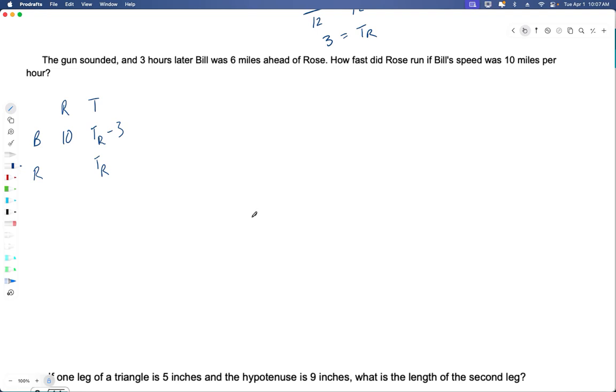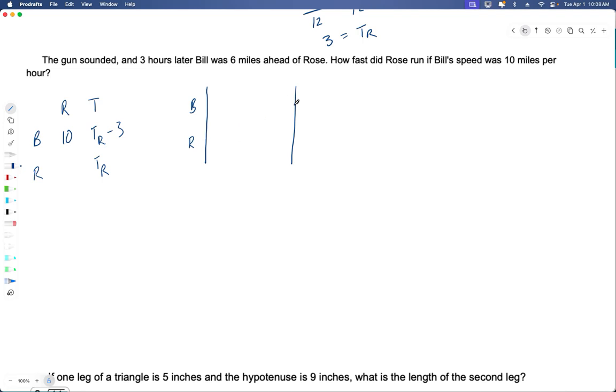Let's see, he was 6 miles ahead of her. So here's our picture. We have Bill, we have Rose, and we don't have actual times, but we have a distance here of 6 miles ahead.